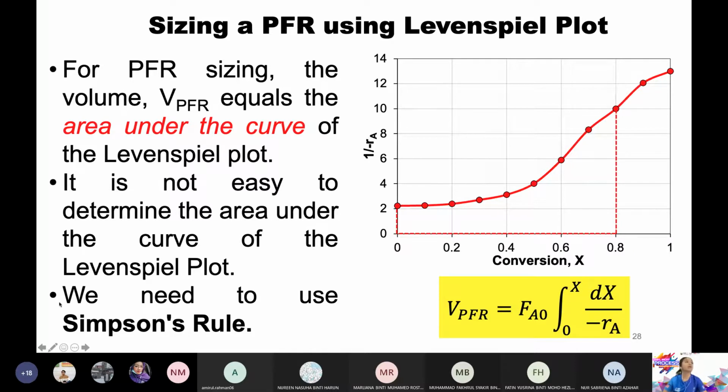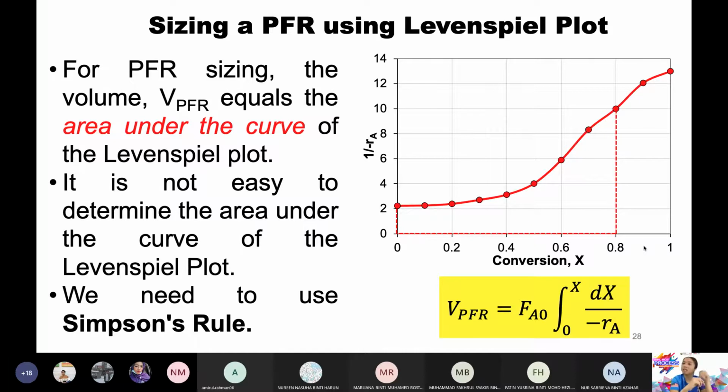What do I mean? Okay, when you plot the Levenspiel plot, kamu kena ingat Levenspiel plot ataupun table, data tu kamu kena ingat dia adalah bergantung kepada tindak balas. Dia tak bergantung kepada volume maksudnya ataupun tak bergantung kepada reaktor maksudnya. Kamu guna batch ke PFR ke CSTR pun table ataupun plot maknanya X melawan minus RA itu is the same for all kinds of reactor. The data of X per minus RA or the Levenspiel plot is the same regardless what kind of reactor that you use.